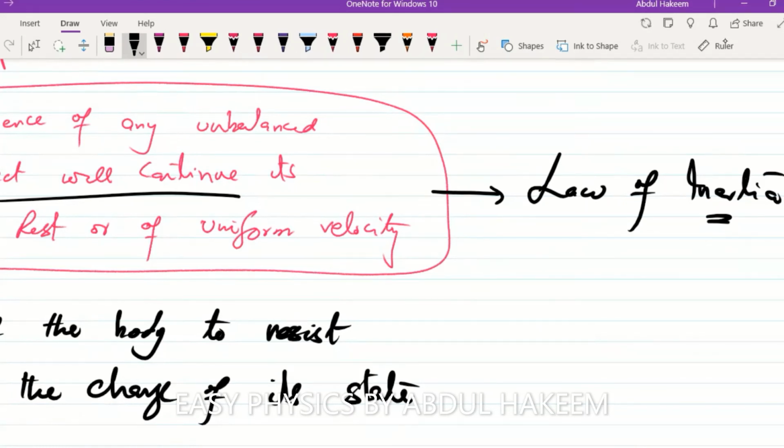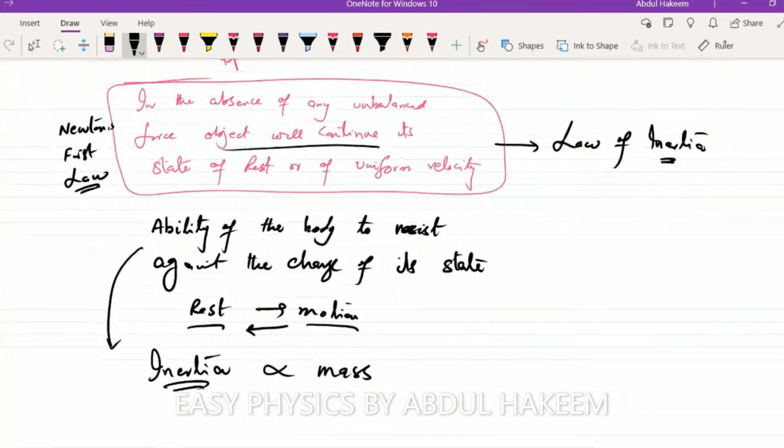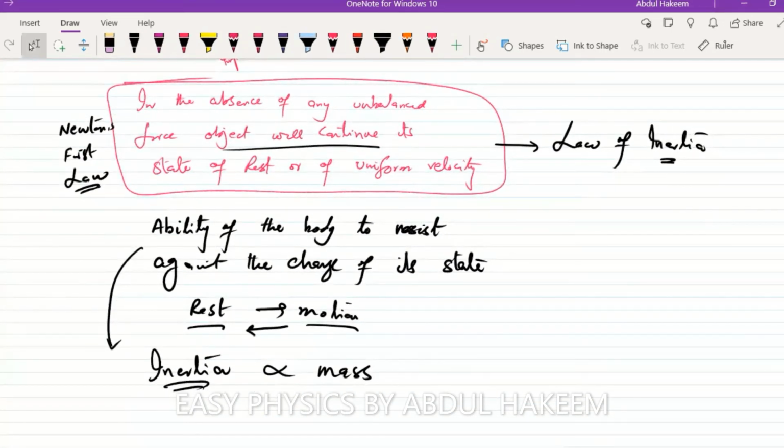But if the force is unbalanced, meaning the applied force is greater than the resistive forces, then the object will change its state. So Newton's first law is also called the law of inertia. The first law is about balanced forces, and the second law about unbalanced forces.